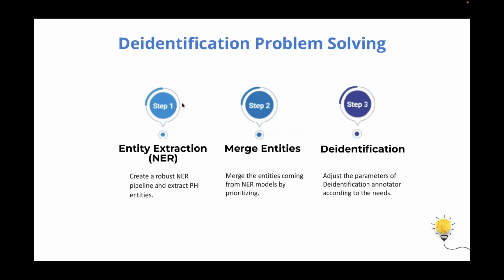Then we feed those merged entities to the de-identification annotator, and the de-identification annotator can mask the PHI entities, or can replace them with fake ones, which we call obfuscate.